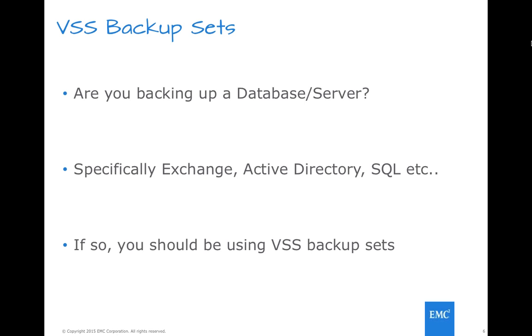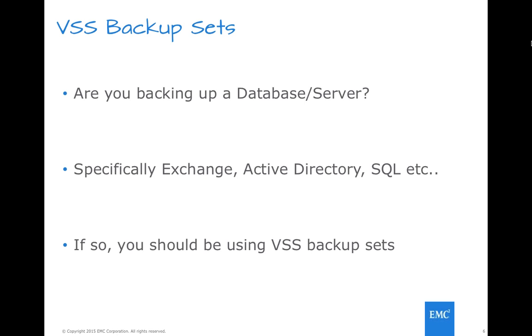Now, if you select the Exchange folder in the File System tab, what happens there is the default system writer tries to take the snapshots for the Exchange server. Now, why does that become a problem? Well, I'll tell you.